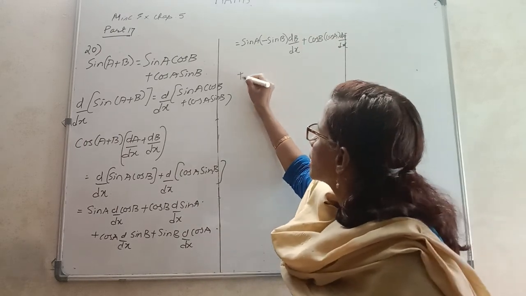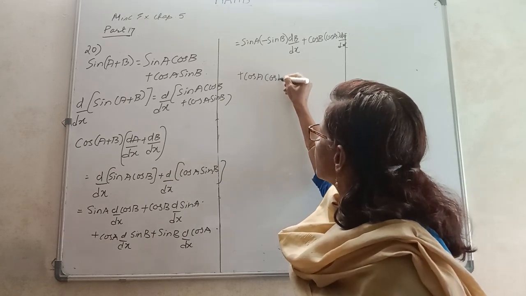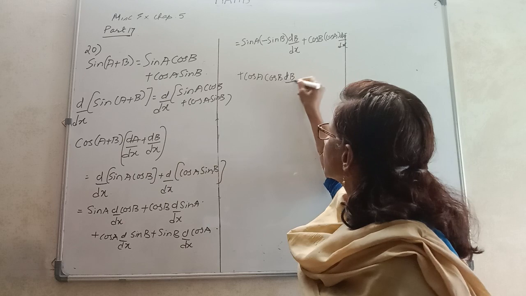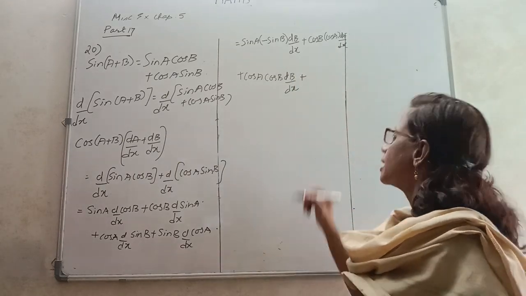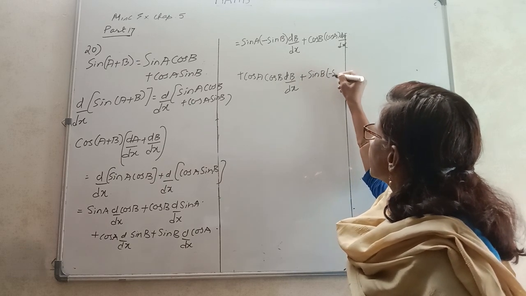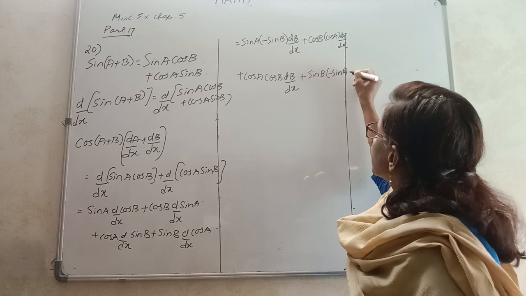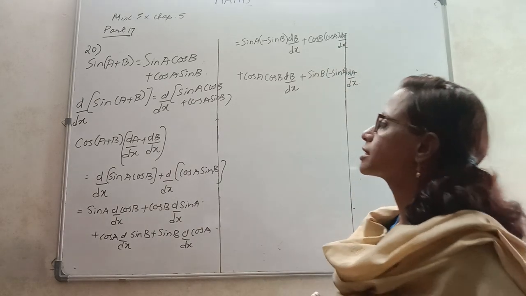Similarly, cos A as it is, and the derivative of sin B is cos B, accounting for dB/dx. Same way, sin B as it is, and the derivative of cos A is minus sin A, accounting for dA/dx.